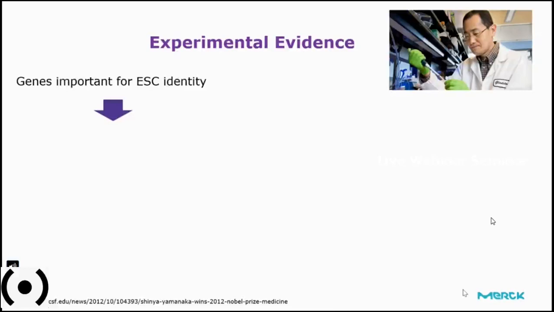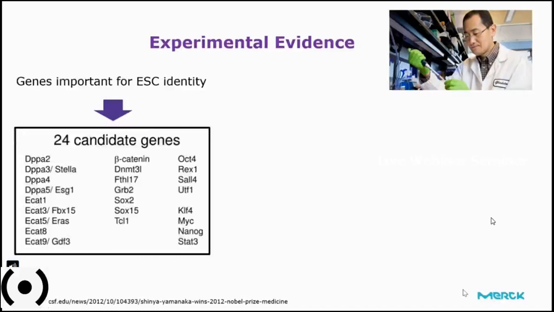It means genes which are responsible for the self-renewal of embryonic stem cells, and genes which are responsible for the pluripotency capability of the stem cells. So he identified almost 24 different genes which embryonic stem cells require to maintain their identity, their self-renewal, and their pluripotency.